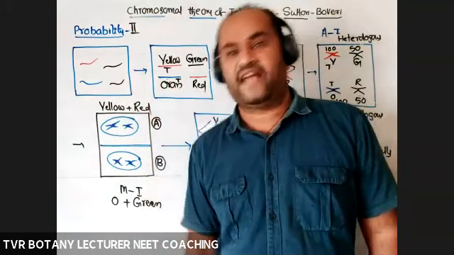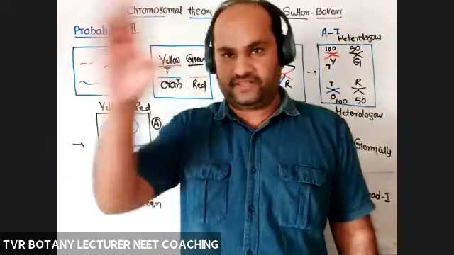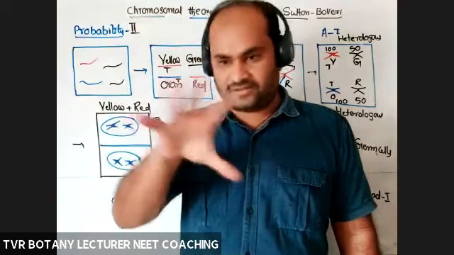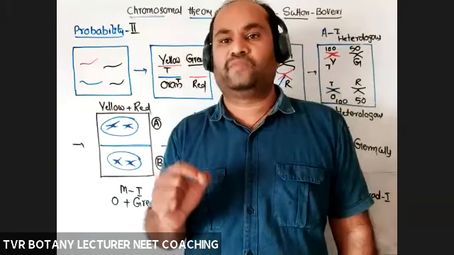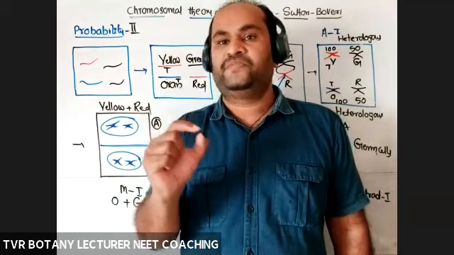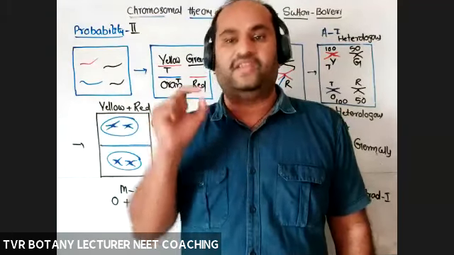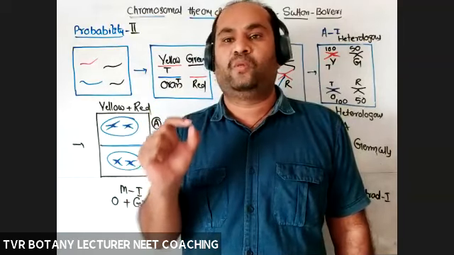chromosomes. And finally, Sutton consolidated, meaning the total experiment, consolidation means altogether, and proposed the chromosomal theory of inheritance. So according to Sutton and Boveri, what was the basis for inheritance?